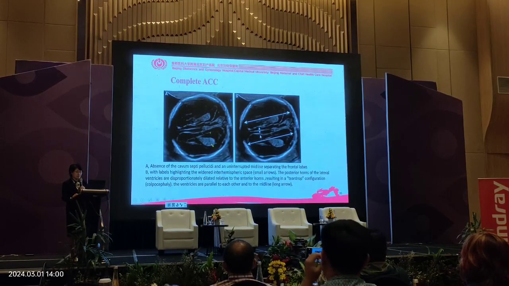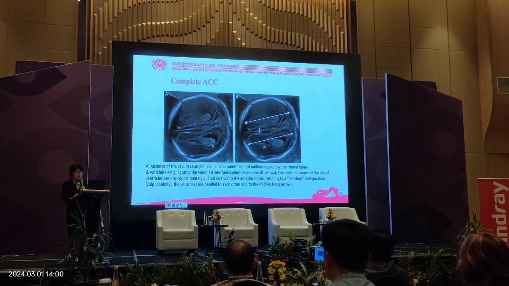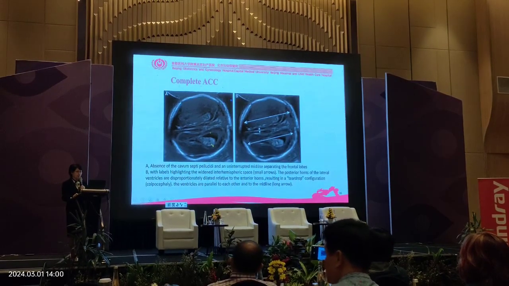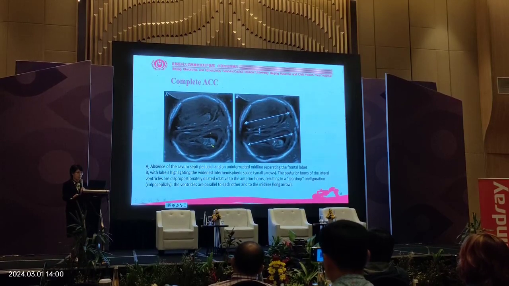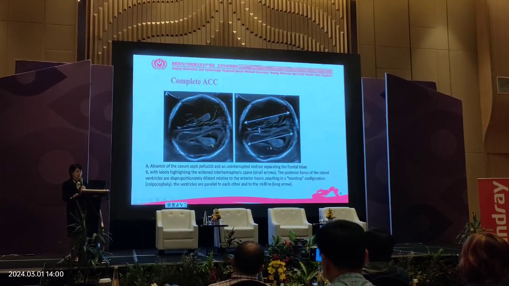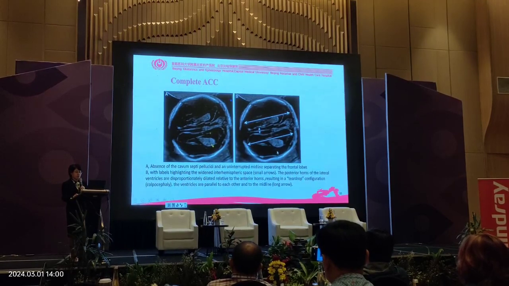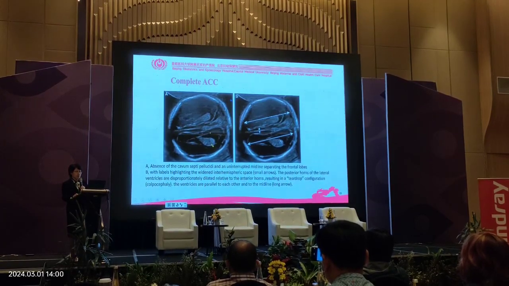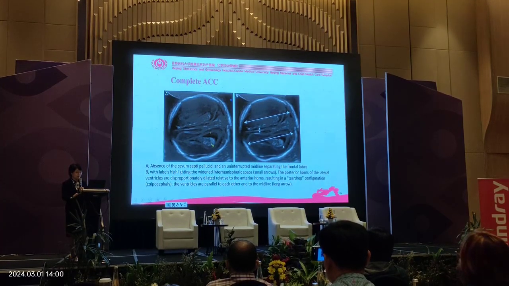The lateral ventricles are usually dilated in the posterior part relative to the anterior part, because it is first widened in the posterior horns of the lateral ventricle.